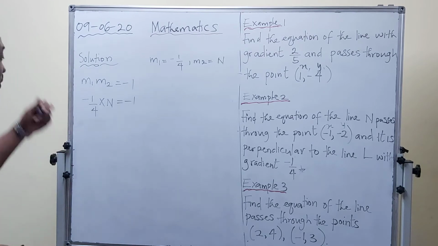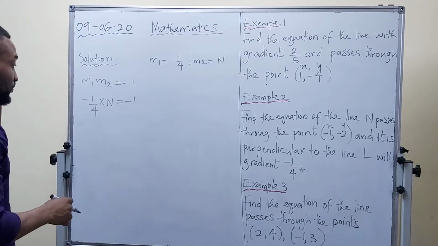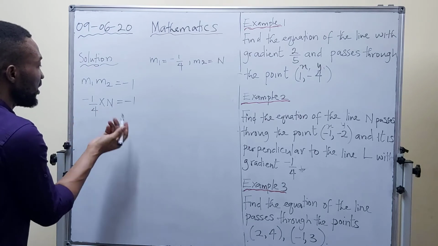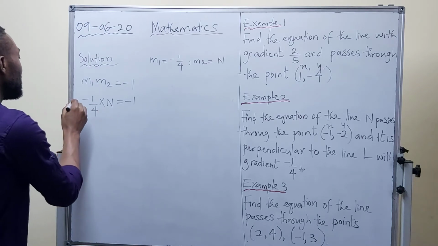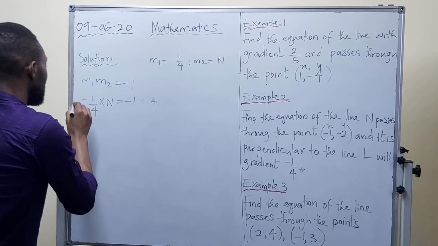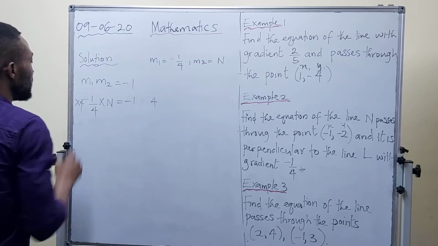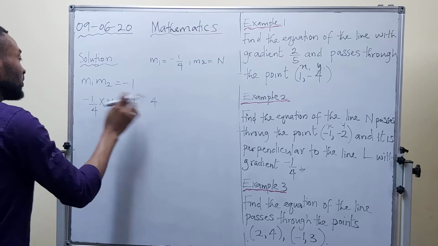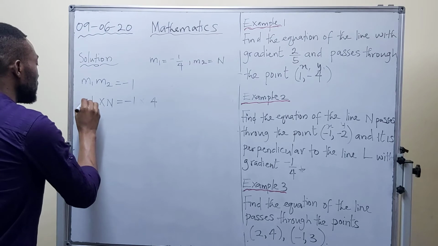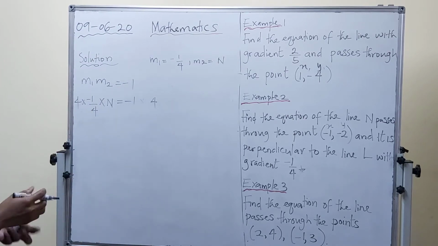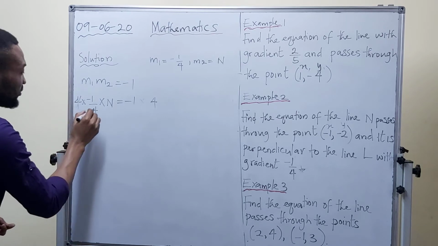So for me to clear this and get my n, I can multiply both sides by 4. So I multiply this by 4, I multiply that also by 4. Good. So now 4 can cancel 4 here.